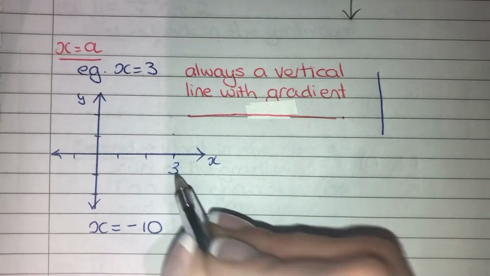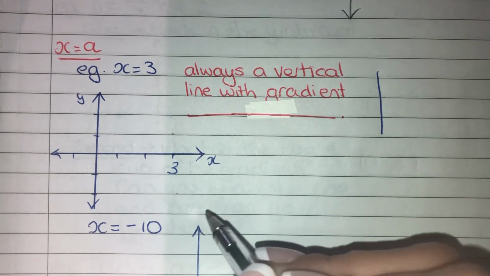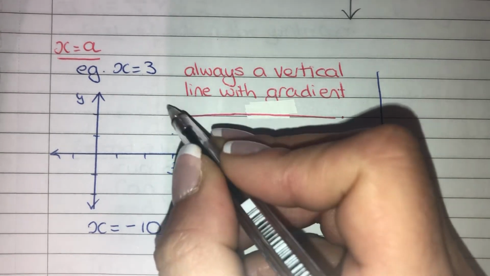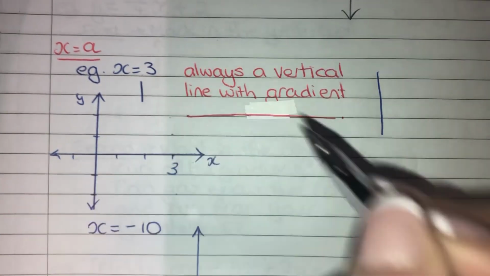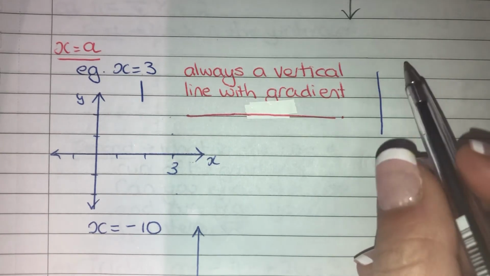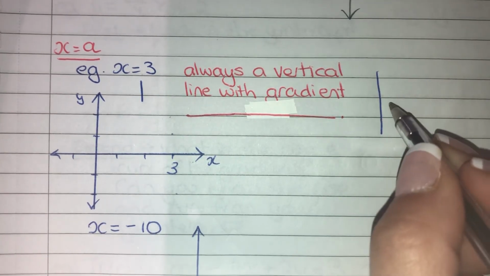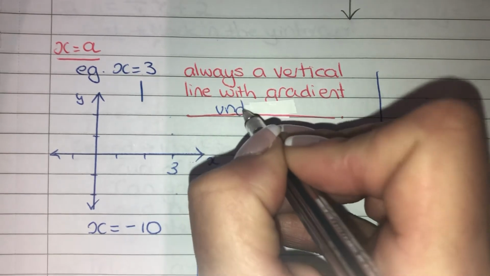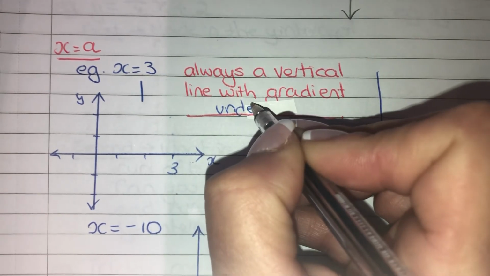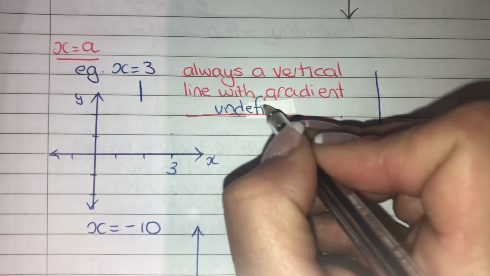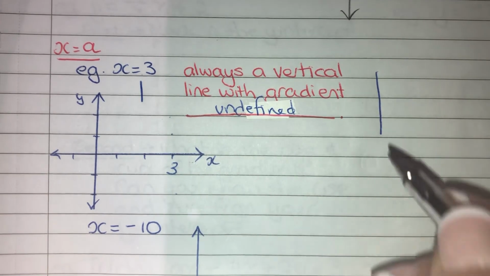This is 3, minus 1, 3, minus 2, 3, minus whatever. So that's why x equals is always a vertical line. And the gradient, because it's up like that, we call it undefined, because we can't define it when it's up like that.